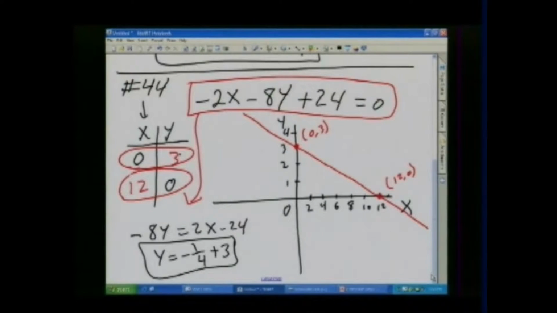And as you can see, the y-intercept is at plus 3, and you can see that right here at 3. The slope, again, you can look at the rise over run, which is 3 over 12, which would be a quarter. There is a negative here, which would be minus a quarter. So that's the solution to that.